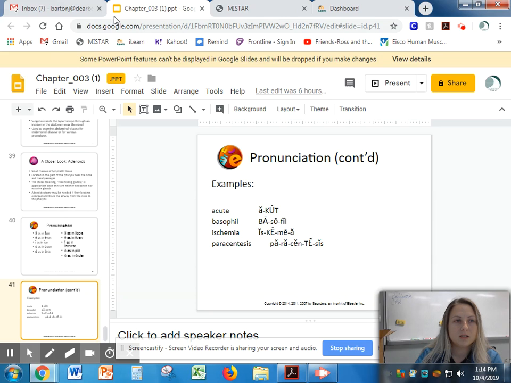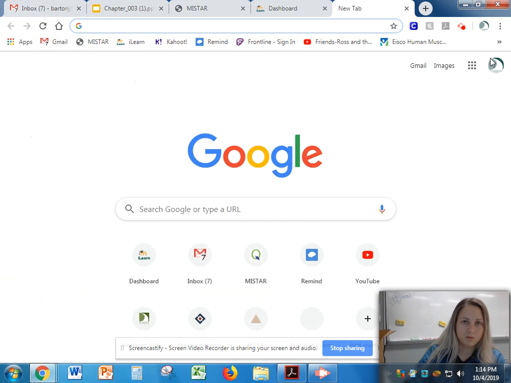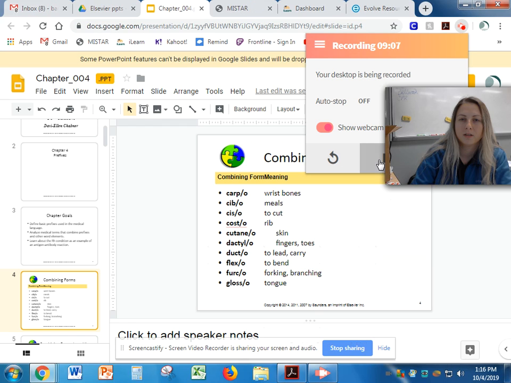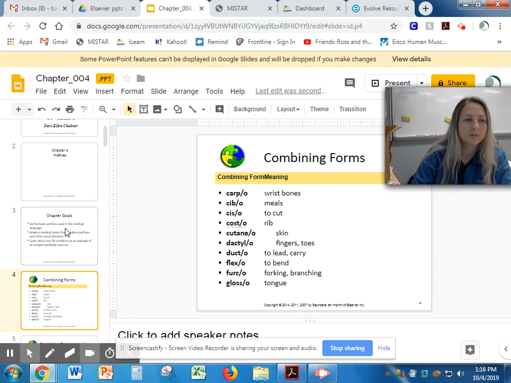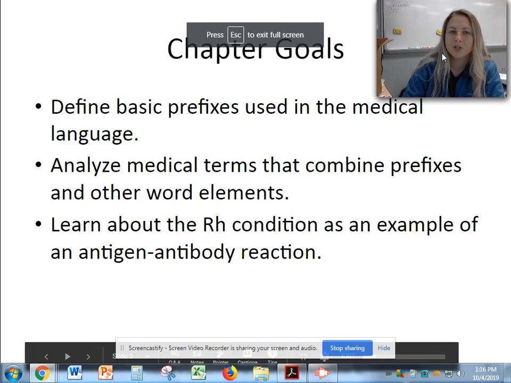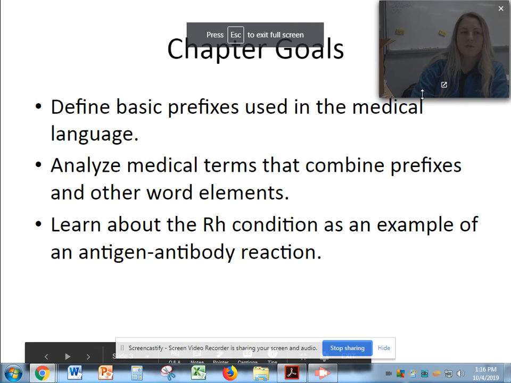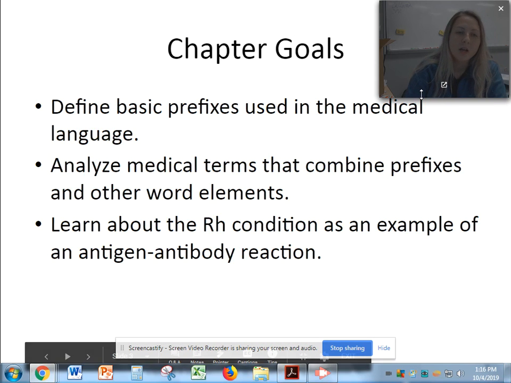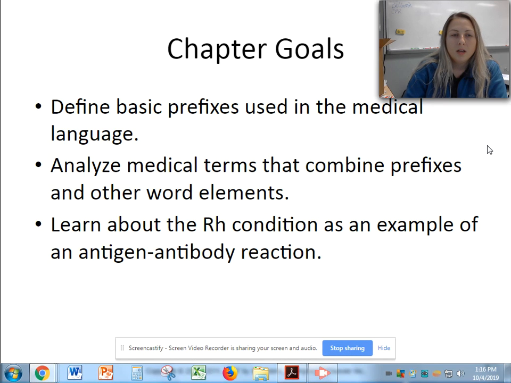Okay, let's get into chapter 4. Chapter 4 in the term book focuses more on prefixes, and being able to combine the prefixes with other parts of the word.